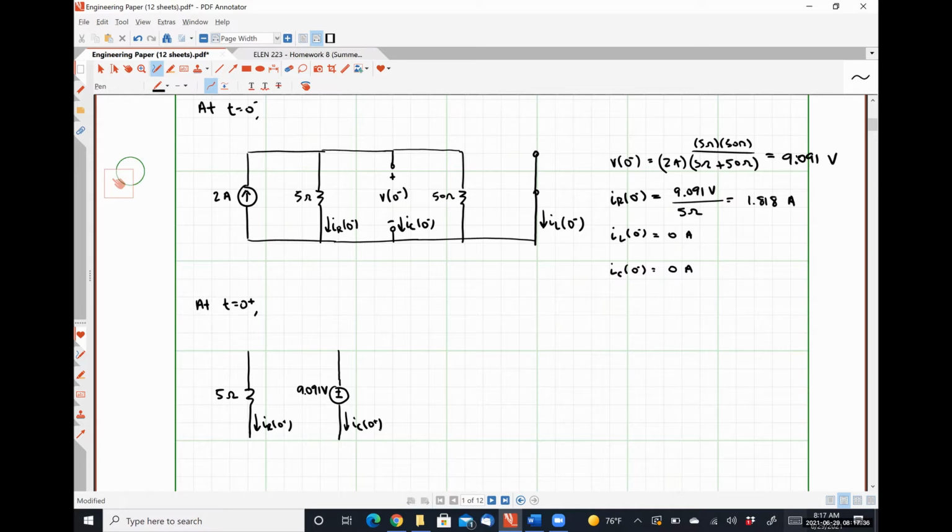Our inductor is switched in. However, our inductor is going to be acting as a current source because it has a fixed amount of current, 0 amps flowing through it. So we know for sure that IL at 0 plus has to be 0 amps.